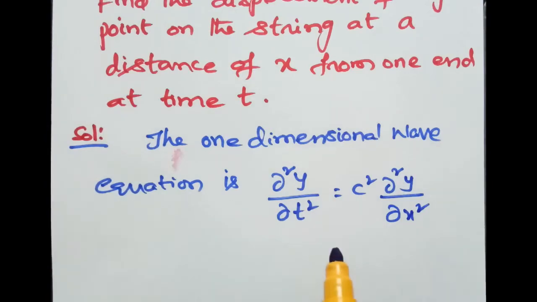This is the one-dimensional wave equation. After the modeling of the given physical phenomenon, we get this one-dimensional wave equation. This is a partial differential equation. From the given problem, we get the following initial and boundary conditions.